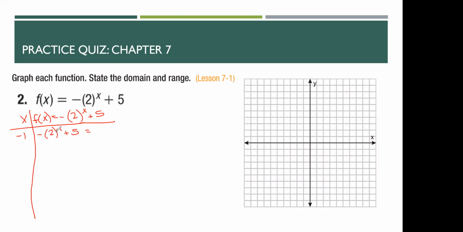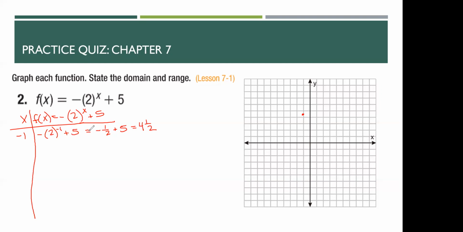Then 1/2 times negative is -1/2, and -1/2 plus 5 is 4 and 1/2. So when x is -1, f of x is 4.5. So 1, 2, 3, 4.5 right there.